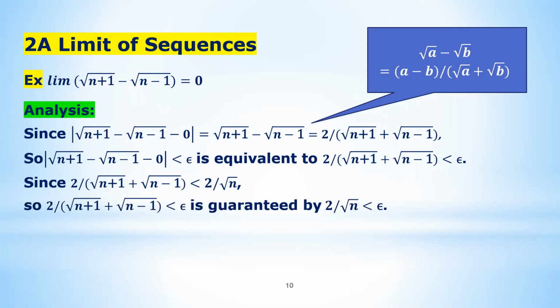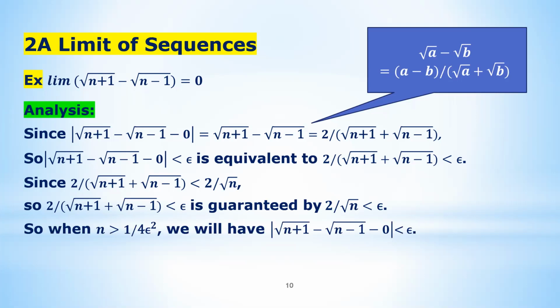So in order to find your solution for 2 over square root of n plus 1 plus square root of n minus 1 less than epsilon, you can solve it by a much simplified inequality, 2 over square root of n less than epsilon. And this one has a very nice solution: n greater than 1 over 4 epsilon squared.